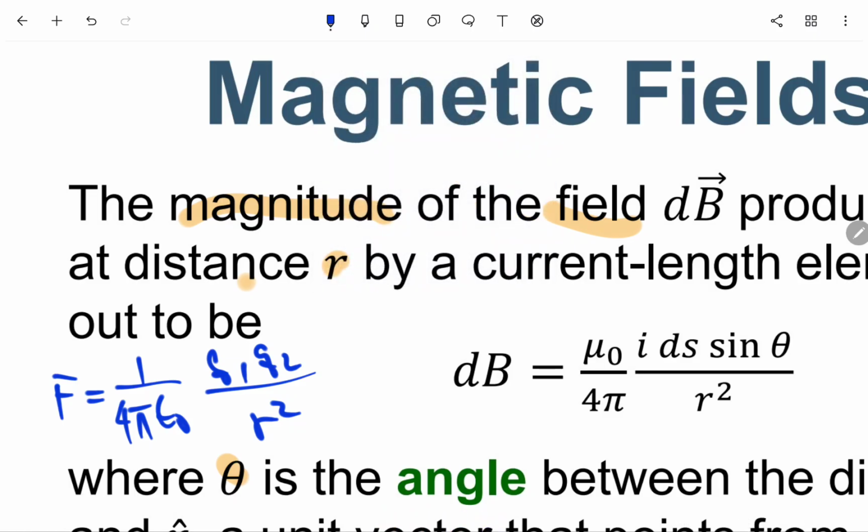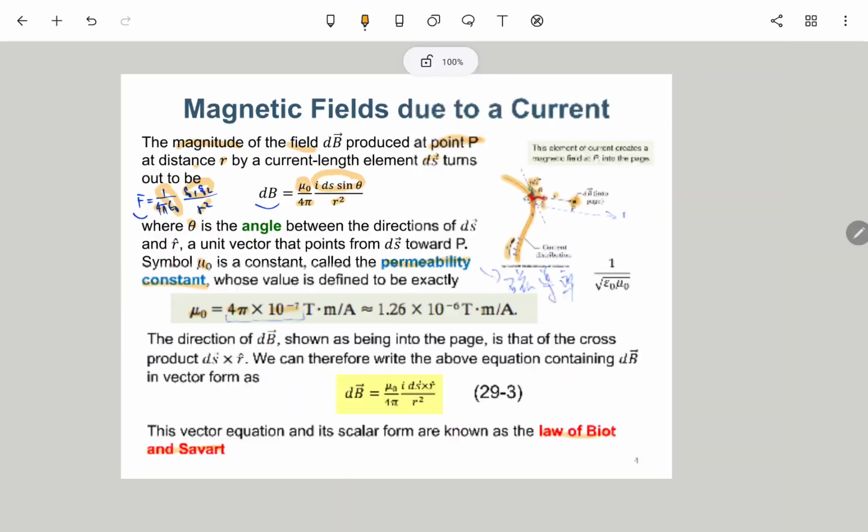Here we have 4 pi, R square, mu naught instead of 1 over epsilon naught, and finally Q1 Q2 replaced by something like a cross product.